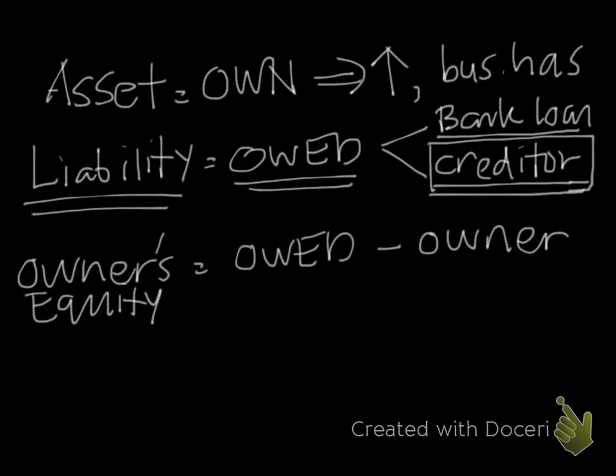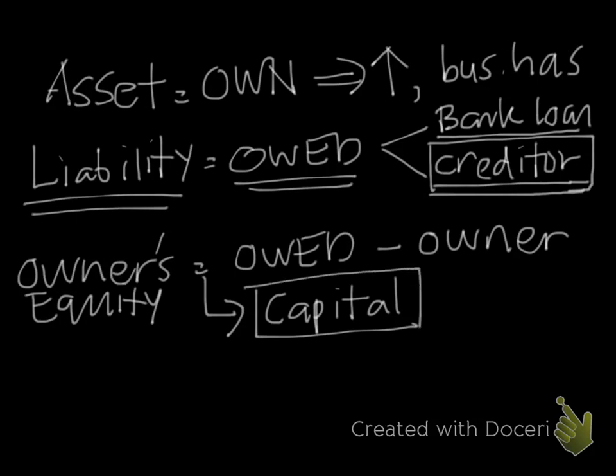When owner brings in his or her personal belongings into business, that one we call as a capital. So a capital is something that business owed to the owner, and capital is a part of owner's equity.